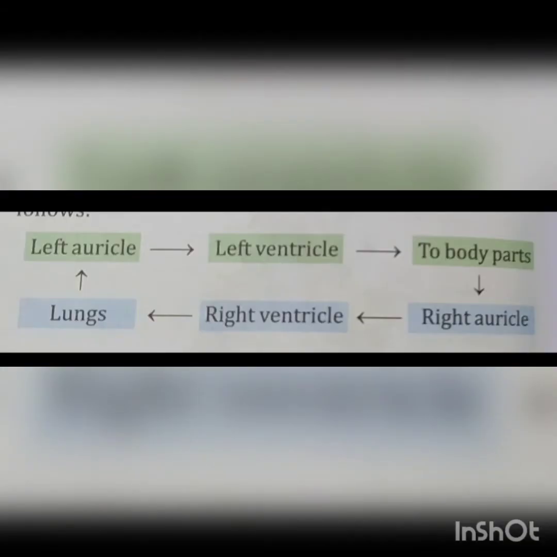So, the path of blood circulation within the heart, that means inside the heart, is as follows. The right auricle receives the deoxygenated blood through the vena cava. From there, the blood goes to the right ventricle, and from the right ventricle to the lungs.